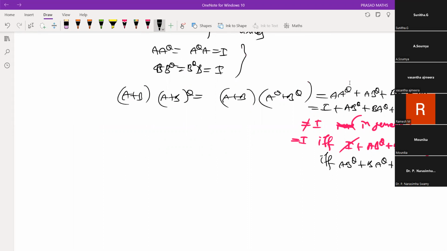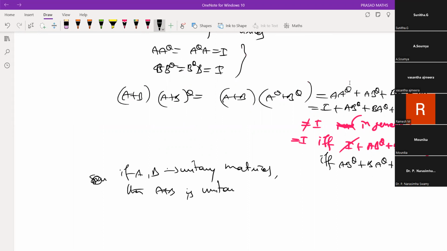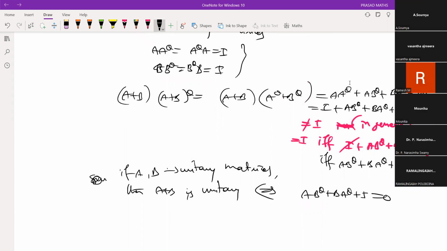That means if A and B are unitary matrices, then A plus B is unitary if and only if A B theta plus B A theta plus the identity matrix equals the zero matrix.